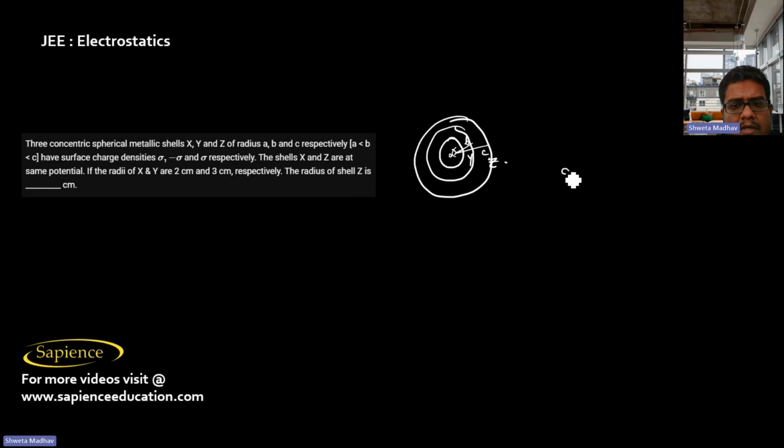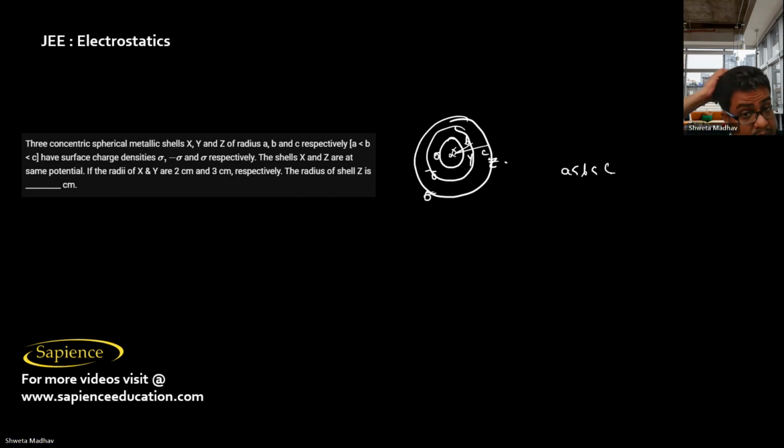Here it is told that three concentric spherical metallic shells X, Y, and Z of radius A, B, and C, where A is less than B is less than C, have surface charge densities sigma, minus sigma, and sigma respectively.